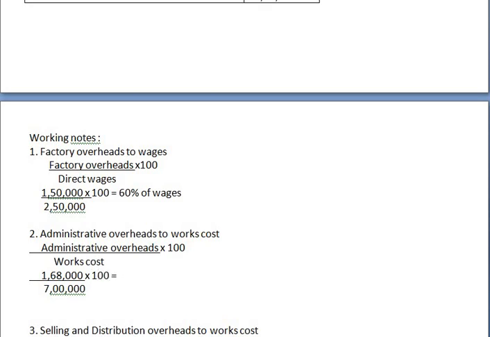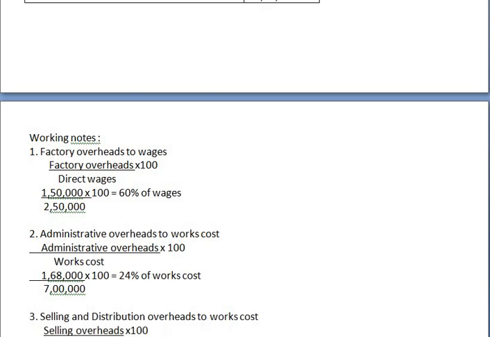Okay. Now calculate this percentage. So that is 24% of works cost.